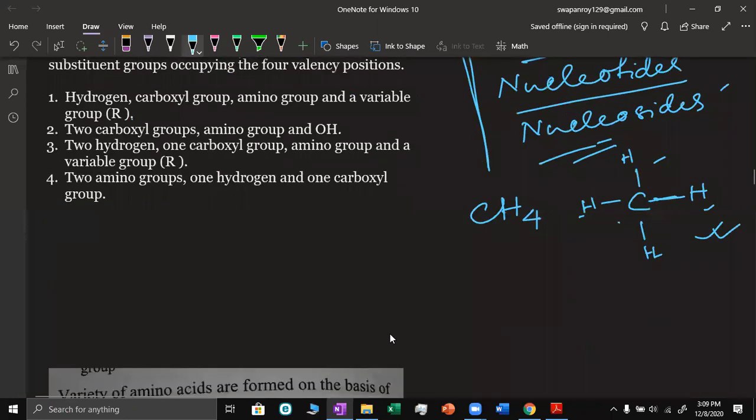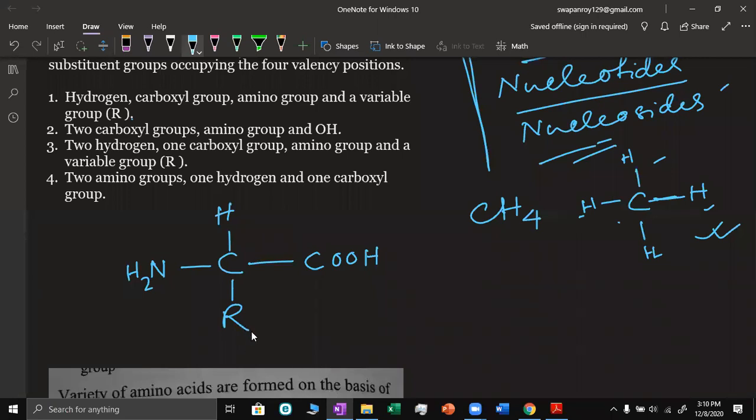The general structure is like this. On the central carbon, one bond has a hydrogen attached, one has the COOH carboxyl group, one side has the NH2 amino group, and this side has the R group.